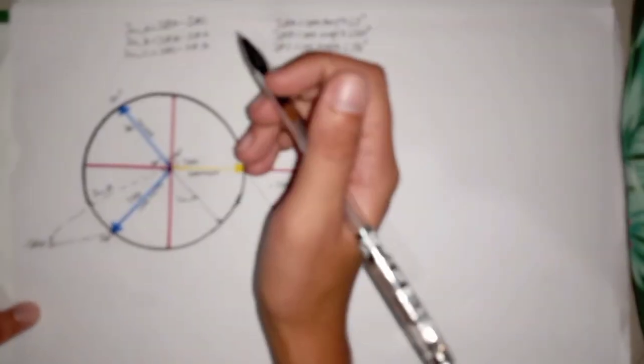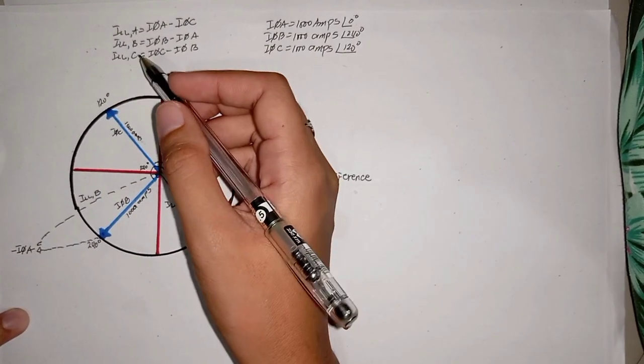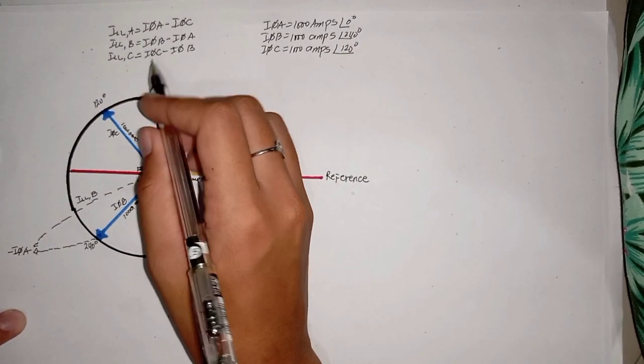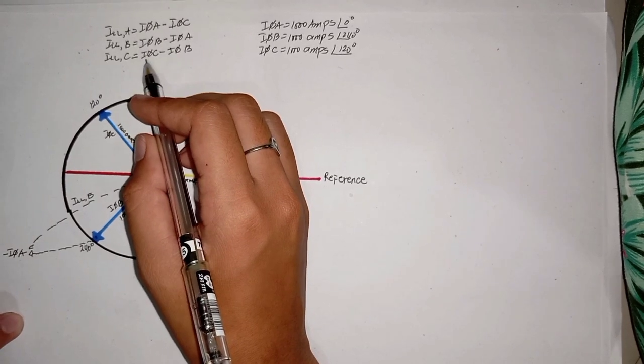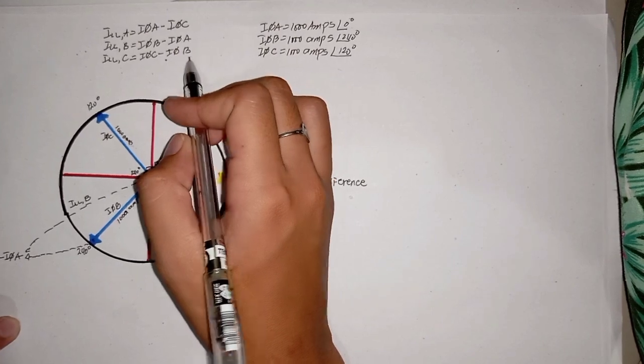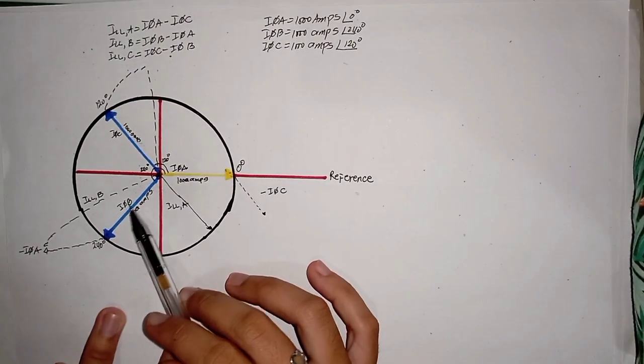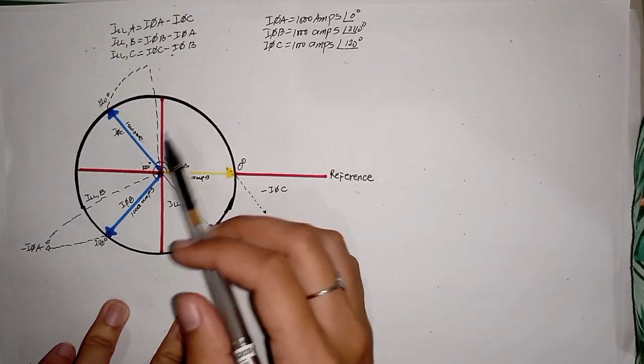In getting line-to-line current C, we equate this to phase current C minus phase current B. So this is our B, and we have the negative side.